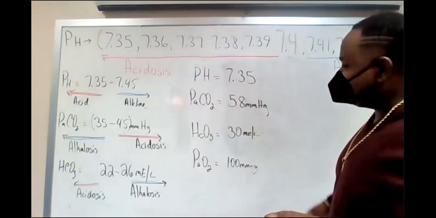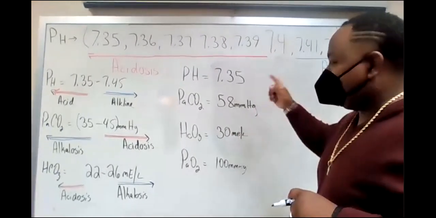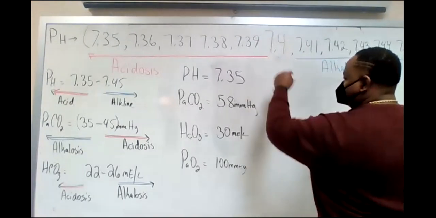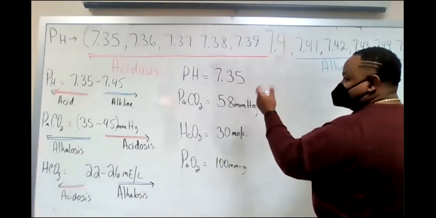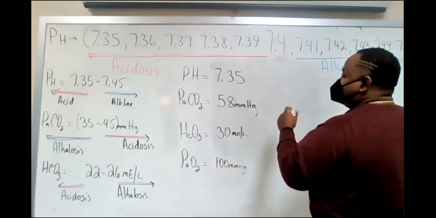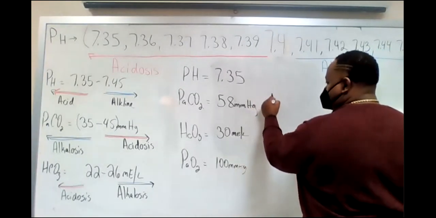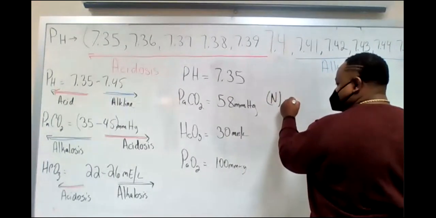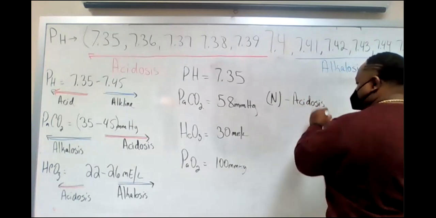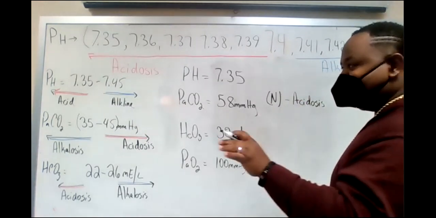Christian, what is pH doing? Acidosis. Acidosis, but is it in normal range? Yeah, so it's normal, but leaning acidosis. Don't forget, pH is the only one that can lean.